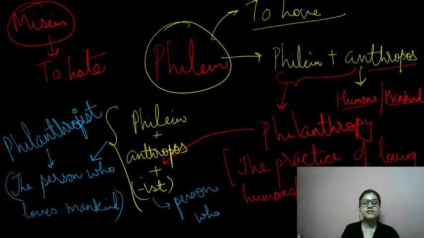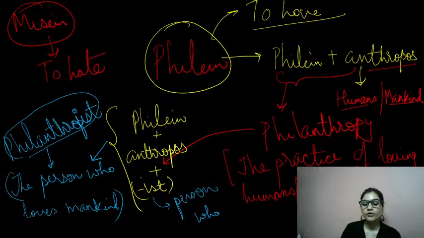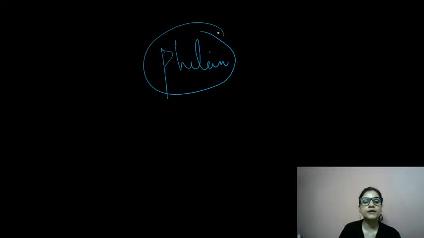Right? So this is one word. Philanthropist we've done. Philein is another word we have. So we've added anthropos to it. Anthropos is humans. Right? Then there can be many more words out of philein. बहुत सारे words कौन से हो सकते हैं? एक तो हमने philanthropist किया है अभी.